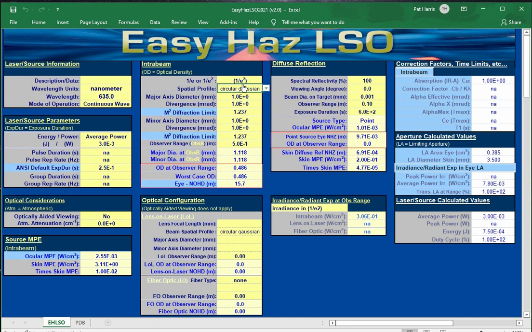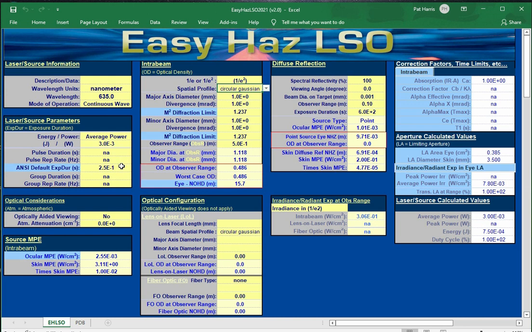Now before we leave this, since we've got a few things going here, for visible wavelengths, we know that for class 2, the exposure duration we use for looking at classification and determining if a laser is class 2, we use 1/4 of a second. That's our class 2 exposure duration. But really when we're classifying lasers, we're talking about the AEL. Okay, so the accessible emission limit.